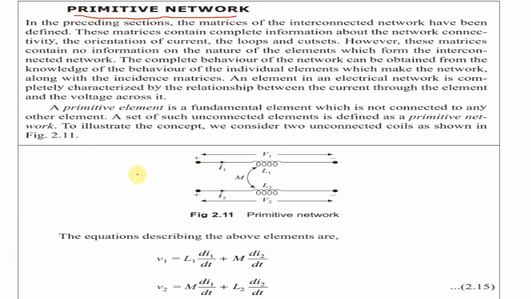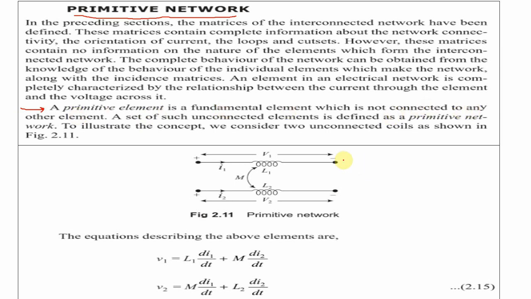So primitive network is nothing but a set of such elements which are not connected directly to each other, but then also it forms a network. That kind of network is called the primitive network. For example, if you read this sentence, a primitive element is a fundamental element which is not connected to any other element.